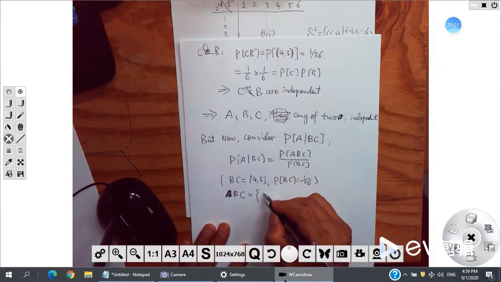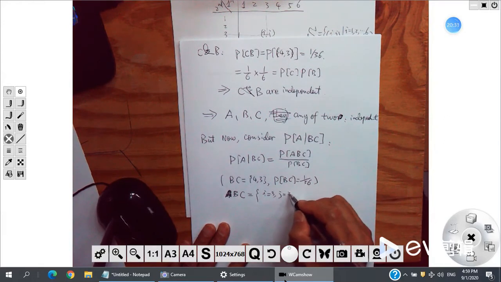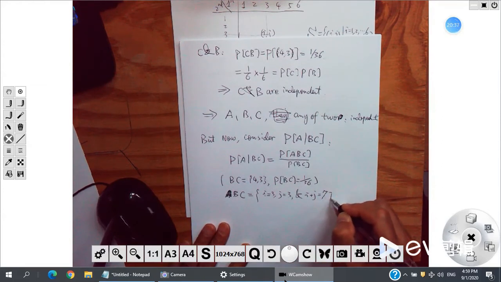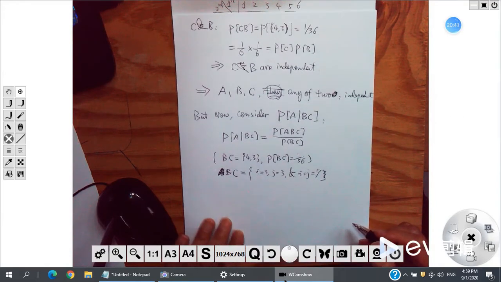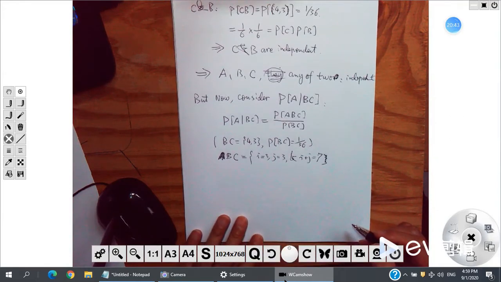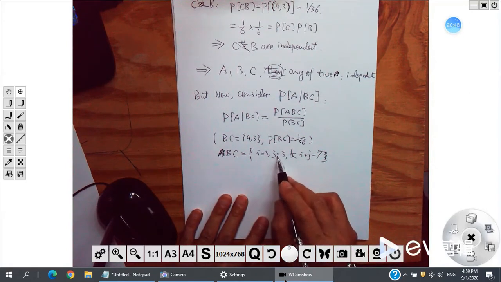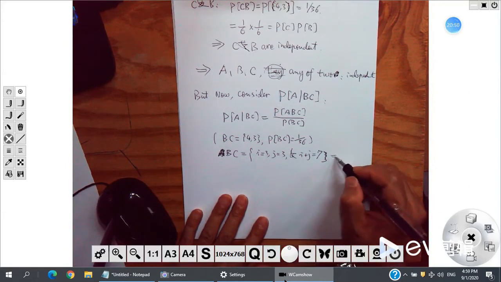So I need I is 3. J is also 3, right? And I plus J equal to what? 7. Can we have it? I say no way. You have I and J both 3, the summation is 7, so this is nothing. Empty.